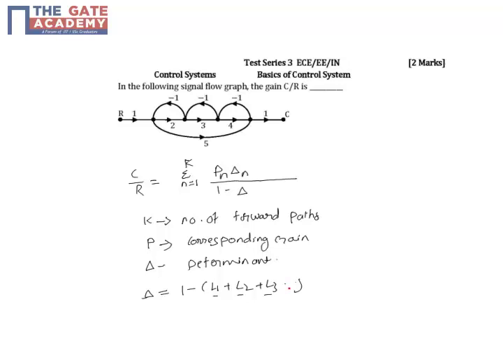In addition to forward paths, we do have loops in a signal flow graph, plus the gain product of two non-touching loops, say L1 and Ln, if loops 1 and n are not touching, minus the gain product of three non-touching loops, L1, Ln, Lk, and so on, and this goes on.